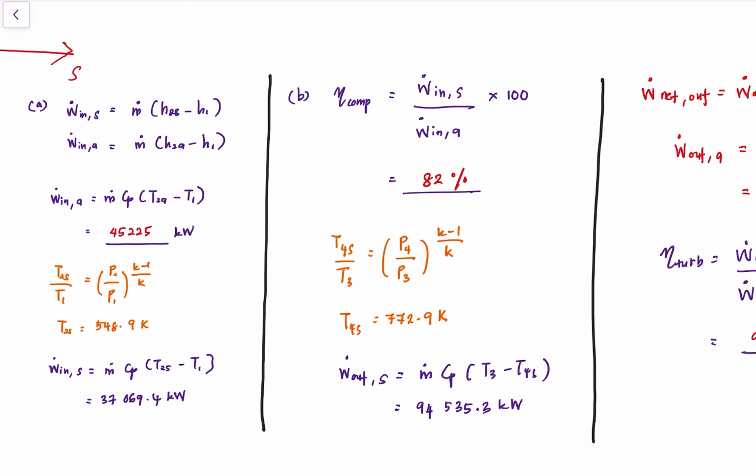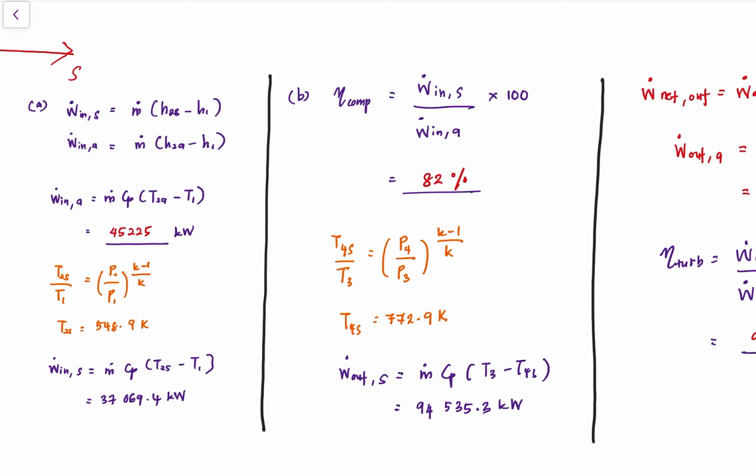Next, how can we determine the isentropic efficiency for the turbine, because we don't have any information about state 4 leaving the turbine?